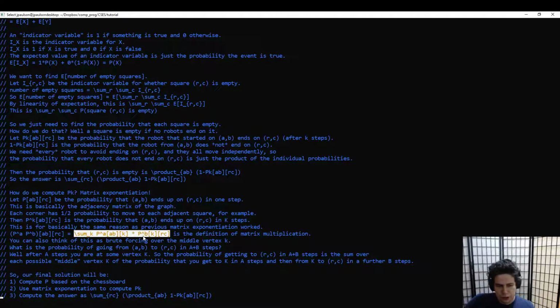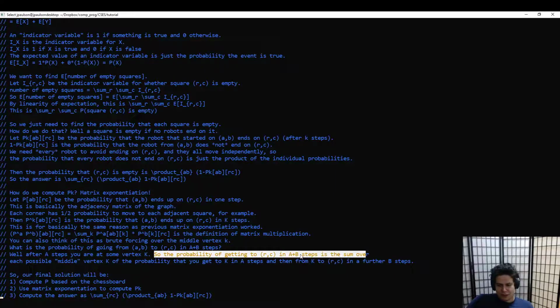But we can also interpret that sum as brute forcing over the middle vertex. So the probability of going from AB to RC in a plus b steps: after a steps, you must be somewhere. So for all of those somewheres, the probability of getting to RC going through that K is just this, because it's all independent.